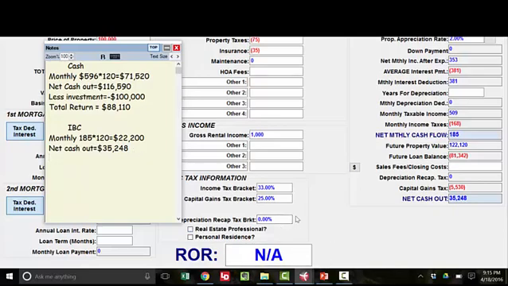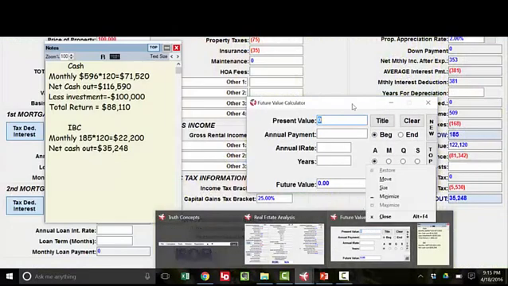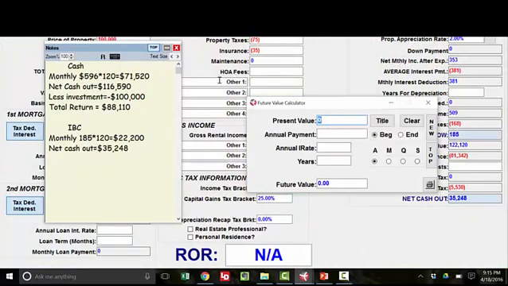But remember, where we got this money is that we borrowed the money against your policy, not from your policy. So that $100,000 that you have in your policy, isn't that still compounding at 4%? So don't we need to take that into account?